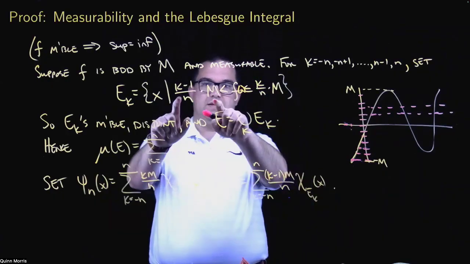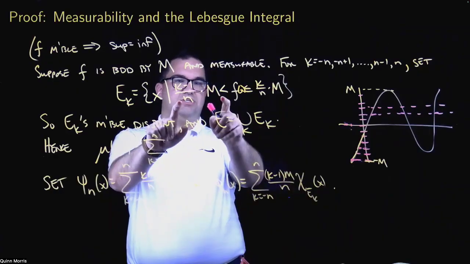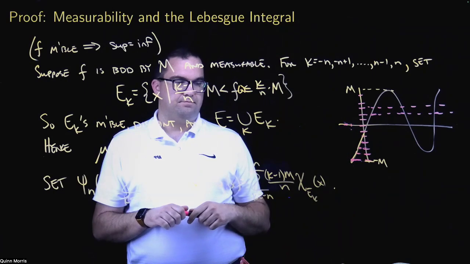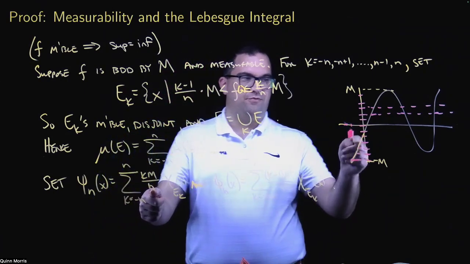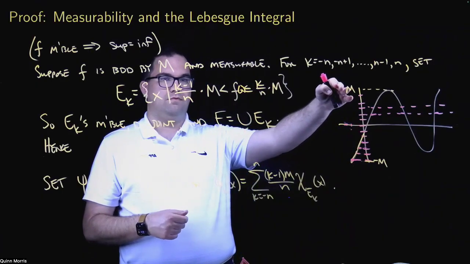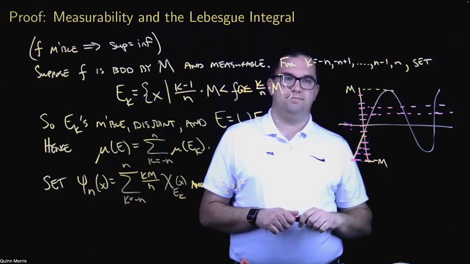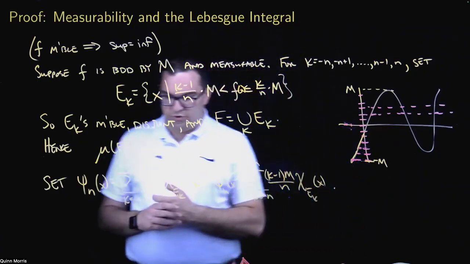It's rounding down, right? Because notice that this value that it's taking on each EK is just the lower of the values that defined that EK. On the other hand, if I round it up, I get a simple function that lies above F. That's what this does. It's just rounding all the values up. Okay, all right. So that's really what these things are doing here.